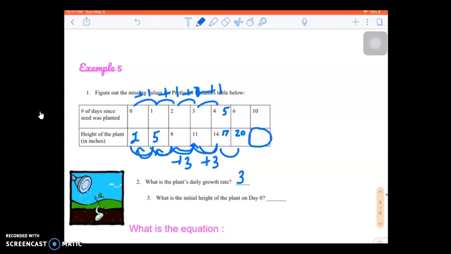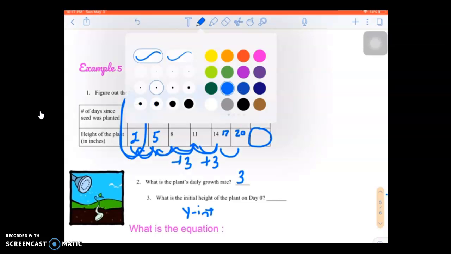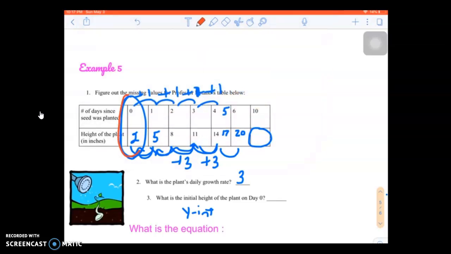But first, the plant's daily growth rate is 3. And the initial height there on day 0 was 2. That's our initial, remember, is start. That's y-intercept. So they planted this seedling when it had already grown a little bit.